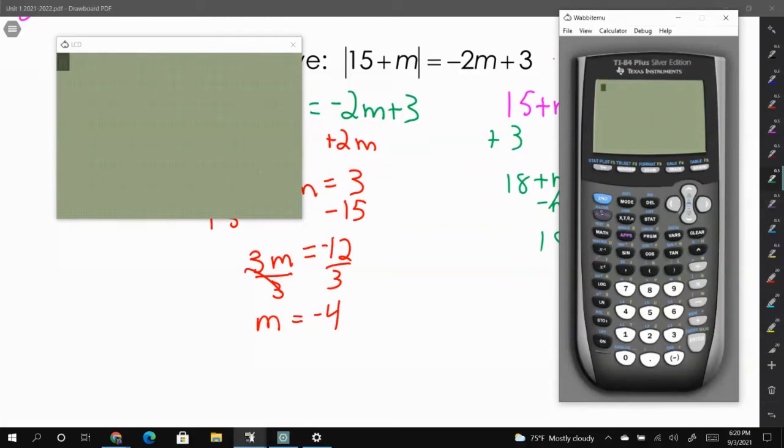So what we'll do is the absolute value of 15 plus m, which is -4, and that gives us 11. Now we're going to do -2 times m, which is -4, plus 3, which is 11. So we know m equals -4 is a solution.